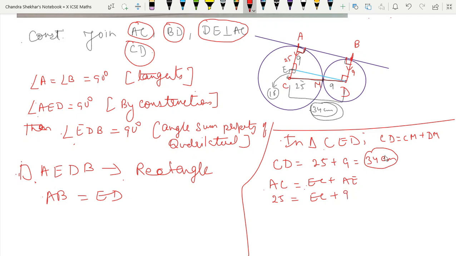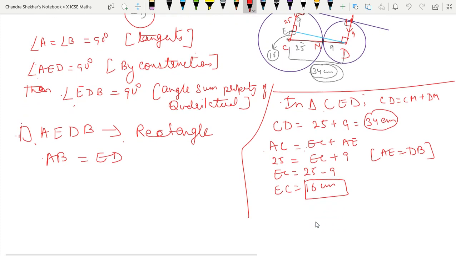Why is it 9 centimeter? Because AE is equal to DB, opposite sides of a rectangle. So EC will be equal to 25 minus 9. So EC is 16 centimeter. We got this one as well. So if we have two sides of the triangle given, we have to find the third one.